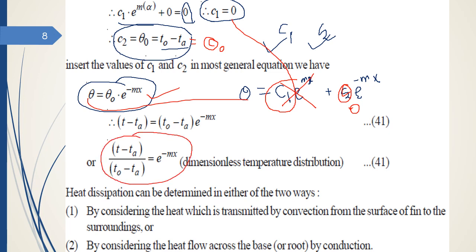This is very important, which we have to remember. T minus Ta divided by T0 minus Ta is equal to e raised to minus mx, where T is the temperature at any distance x on the fin surface, Ta is the ambient air temperature, the surrounding temperature, T0 is the base temperature, m is the fin constant, that is under root of hP divided by cross section area into K, unit is meter inverse.